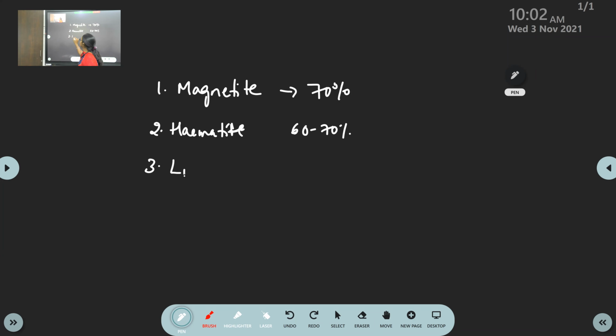Third one, limonite. Yellowish ore with 40 to 60% iron.